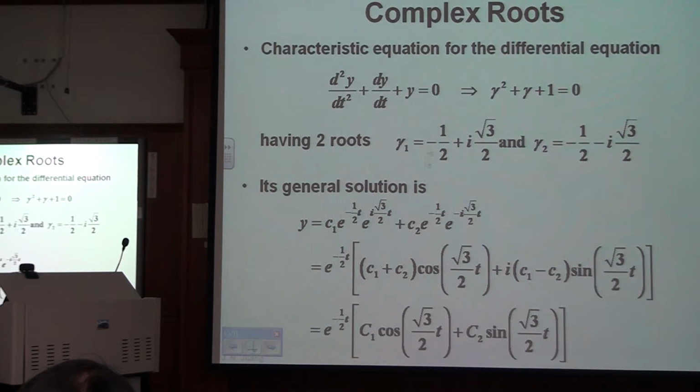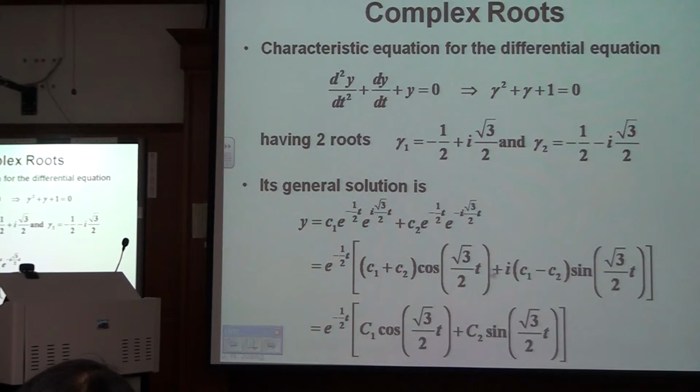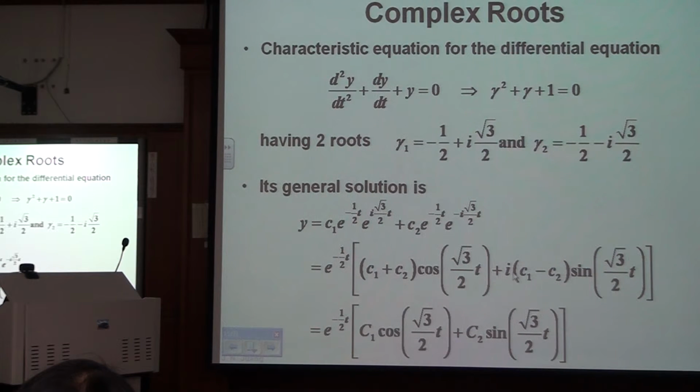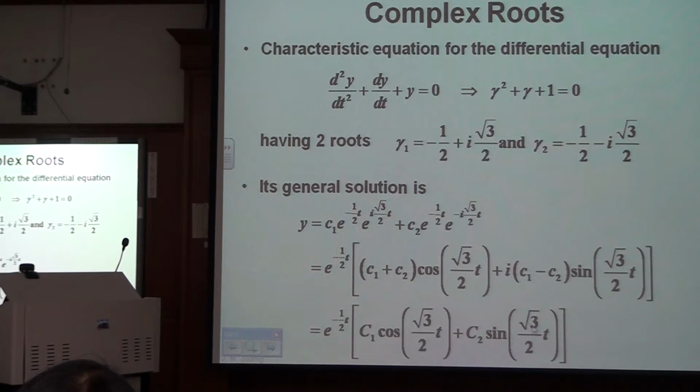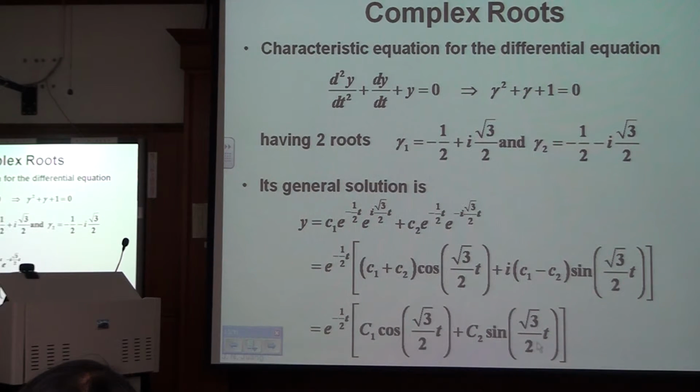So when you write it in terms of this, and you have i here, the best way is writing it in terms of this: C1 cosine of square root 3 over 2 t plus C2 sine of square root 3 over 2 t, because no imaginary part is involved.